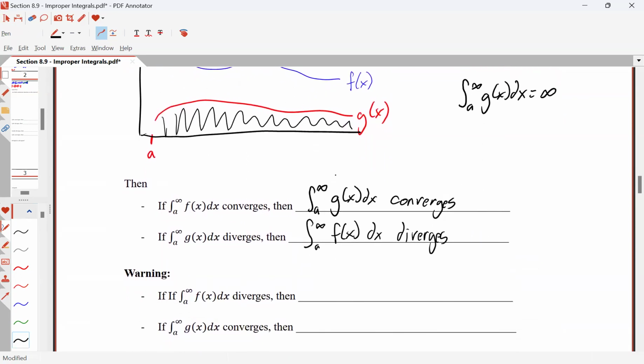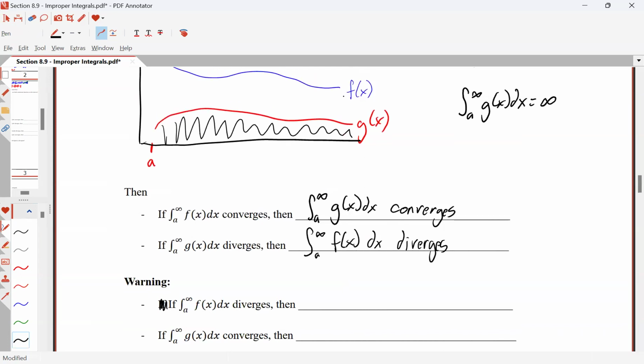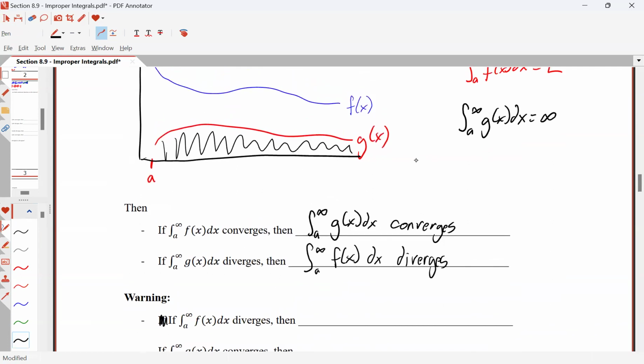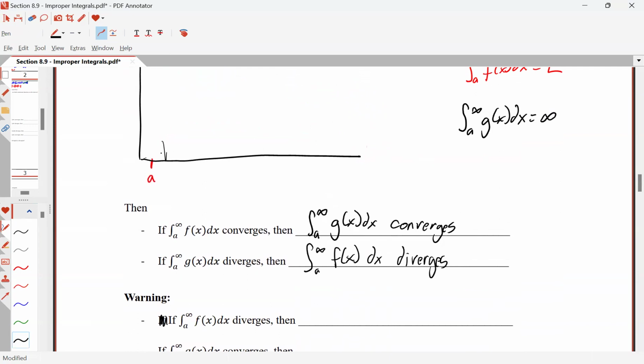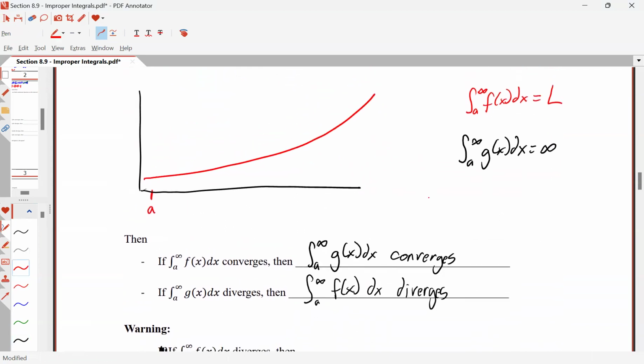Warning, if we have these things switched, we don't necessarily know about the other. So if I know the big thing converges, I don't know about the small, because my functions f of x and g of x would not be compared to each other at all. f of x would be some function that grows, and g of x could basically just follow the x-axis.